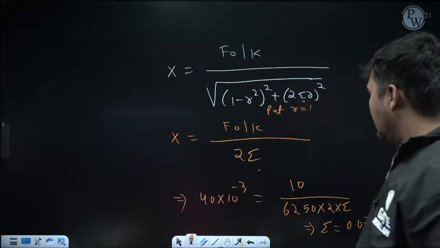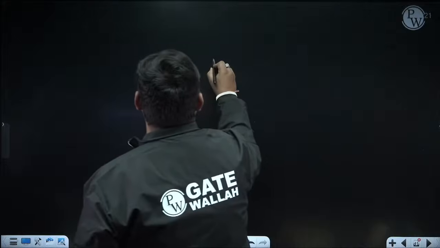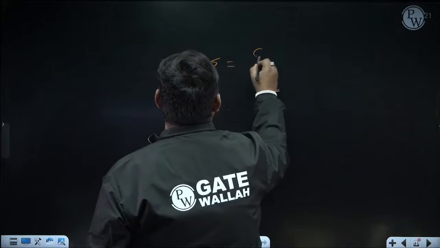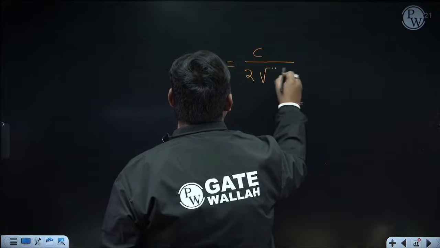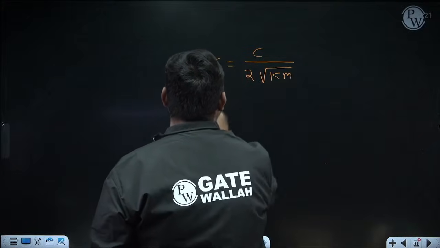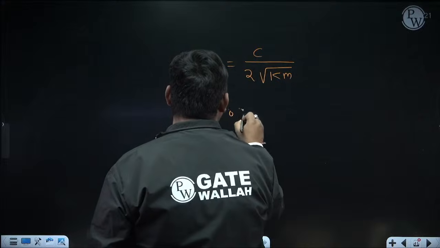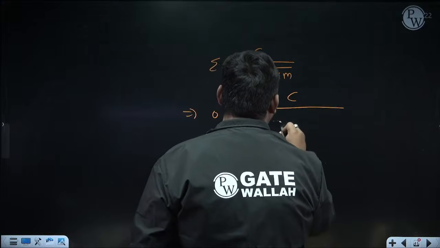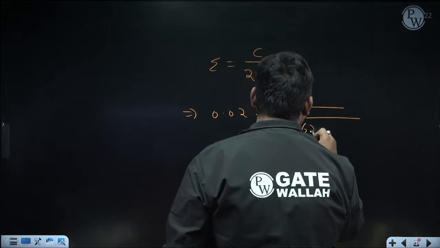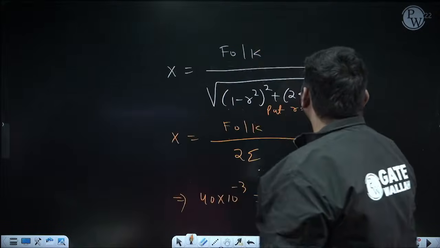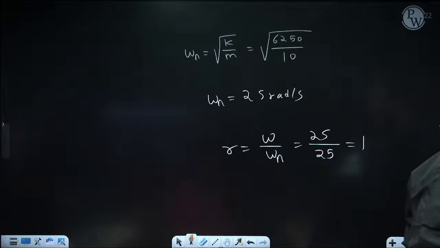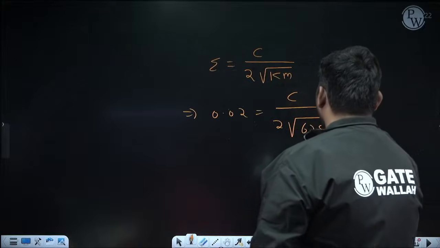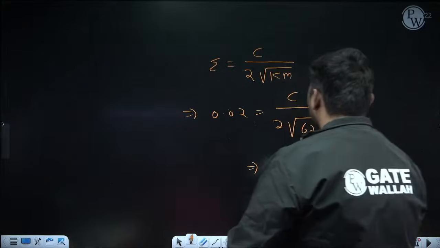Yes. Now we have calculated zeta. Now what is the formula to calculate zeta? It is C upon 2 root over Km. From this we can calculate C also. Zeta is 0.02, that is equal to C upon 2 root over Km. K is 6250 into M, the value of mass is 10 kg. So from this we can calculate C, which is the damping coefficient of the damper.